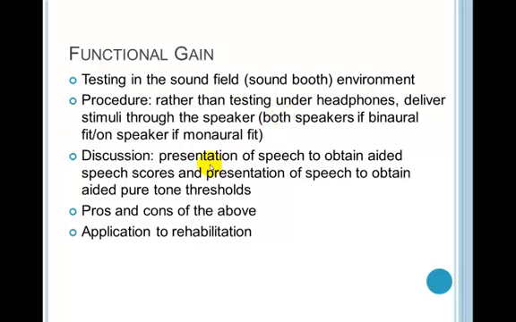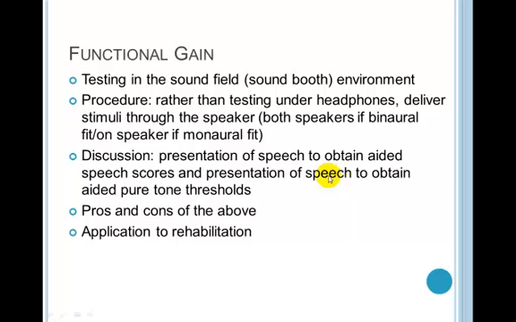The next discussion is presentation of speech to obtain aided speech scores, and presentation of, this shouldn't say speech, this should say tones or narrowband noise, to obtain aided pure tone thresholds. Let's talk about the second point, and again, this should be tones.